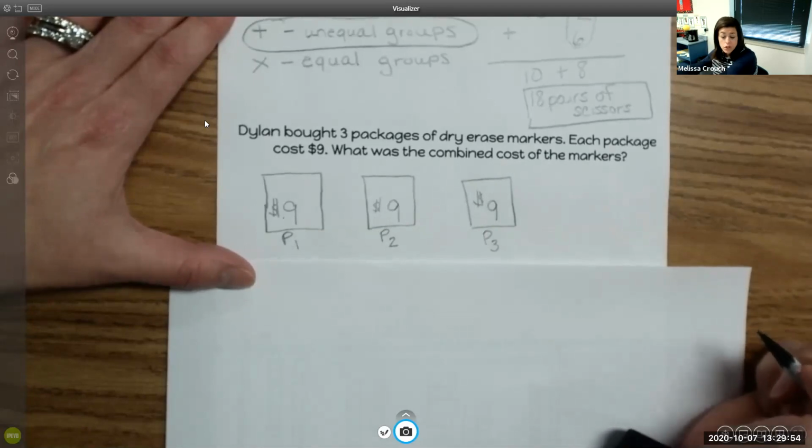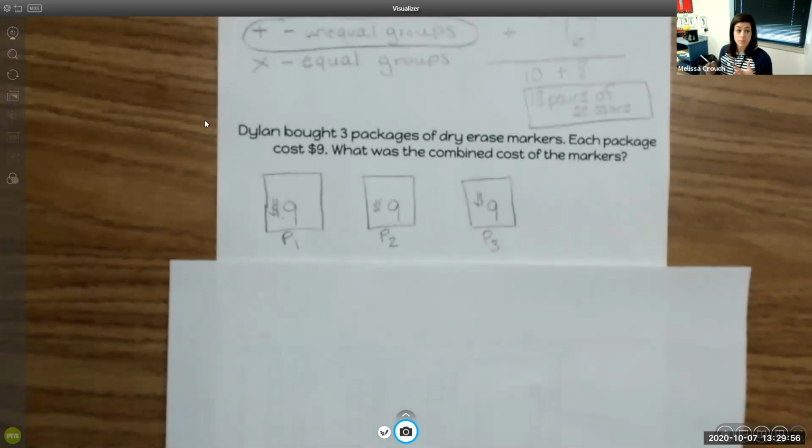But if we were going to Target and I walk up to one of the shelves, I'm going to take one package, that's $9. I'm going to take another package, that's another $9. I'm going to take another package, that's another $9. So I have 3 packages in my hand. So when I go to the scan, they're going to scan each one of my packages.